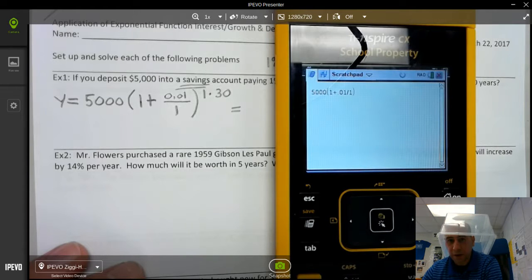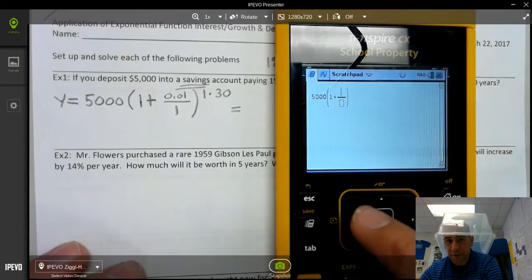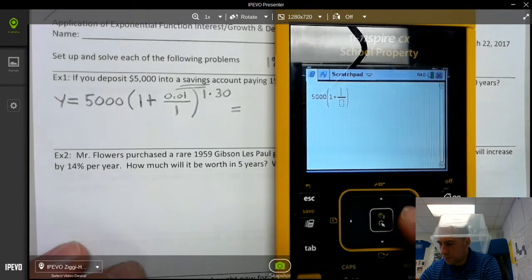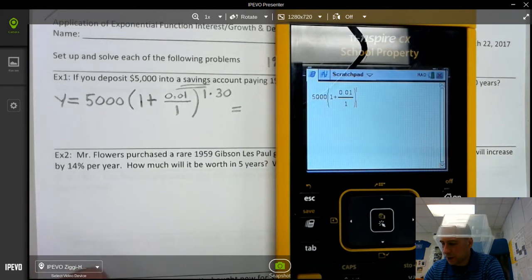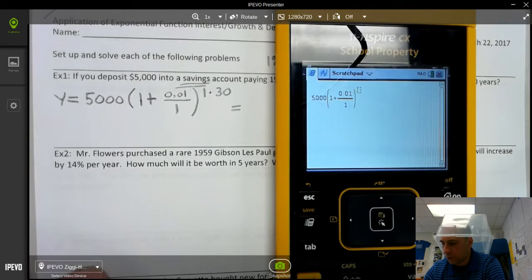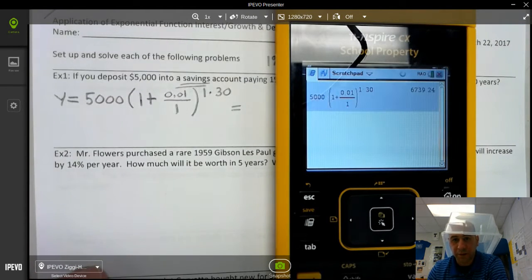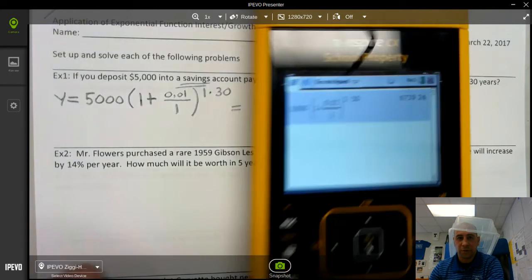If you want to get fancy, you can press Control Divide and put 0.01 divided by 1. Click to the right twice. There's a key underneath the equal sign that looks like a triangle. Press that. Raise to 1 times 30, which equals $6,739.24. Let's write that down.